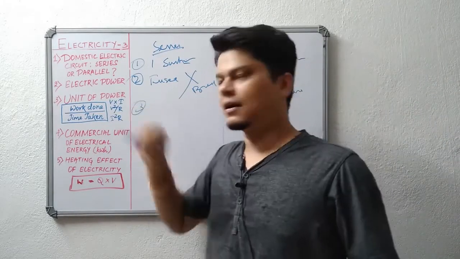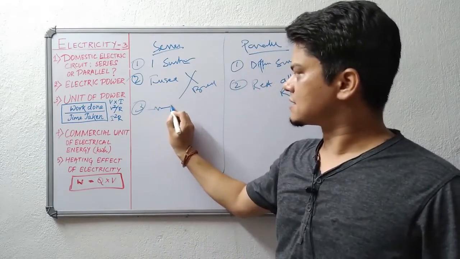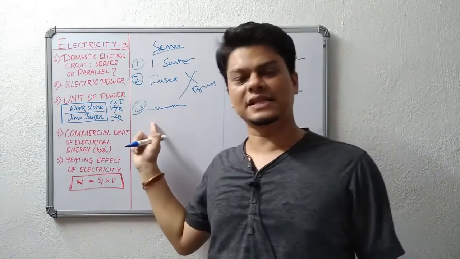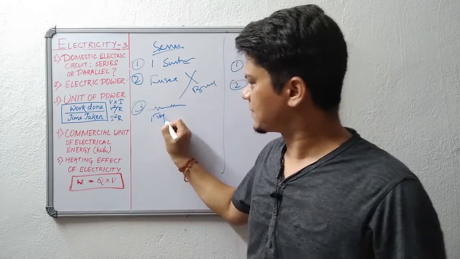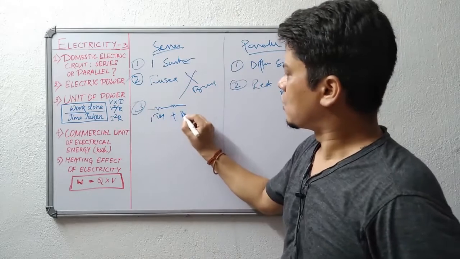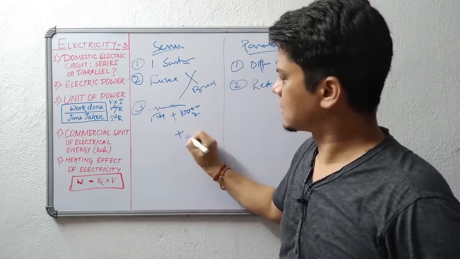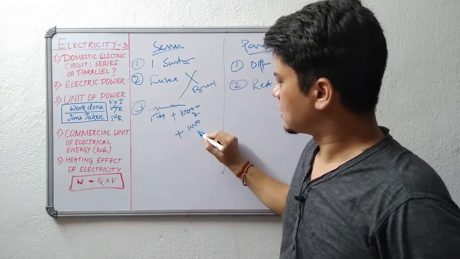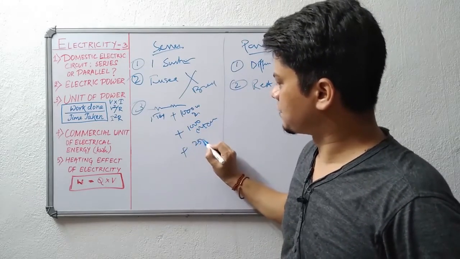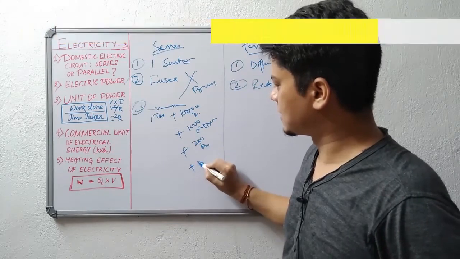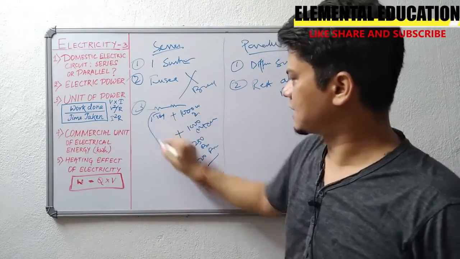Third one, suppose everything is connected in series. We know the resistances in series are added up. Like a 1 ton AC we are putting, similarly a 1000 watt iron, a 1000 watt mixer, a 250 watt bulb, a 500 watt fridge. Like that we are adding up.